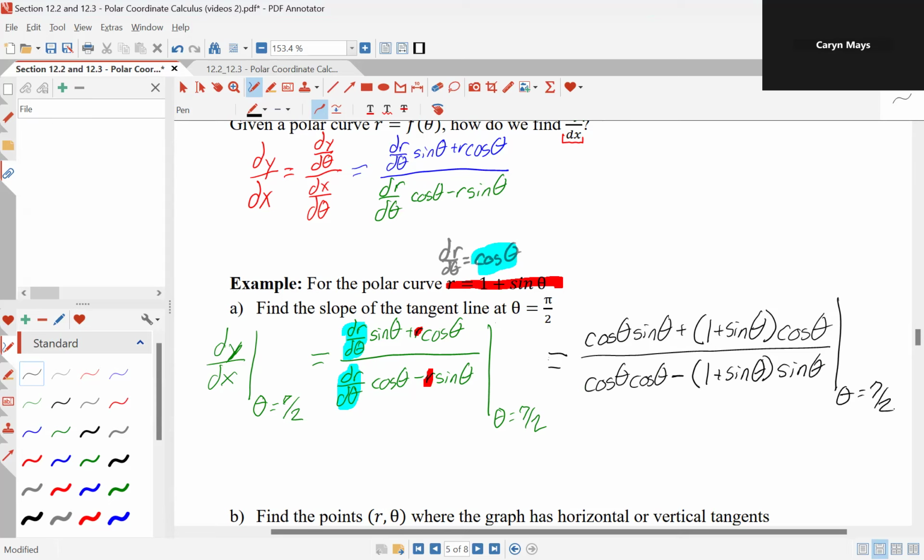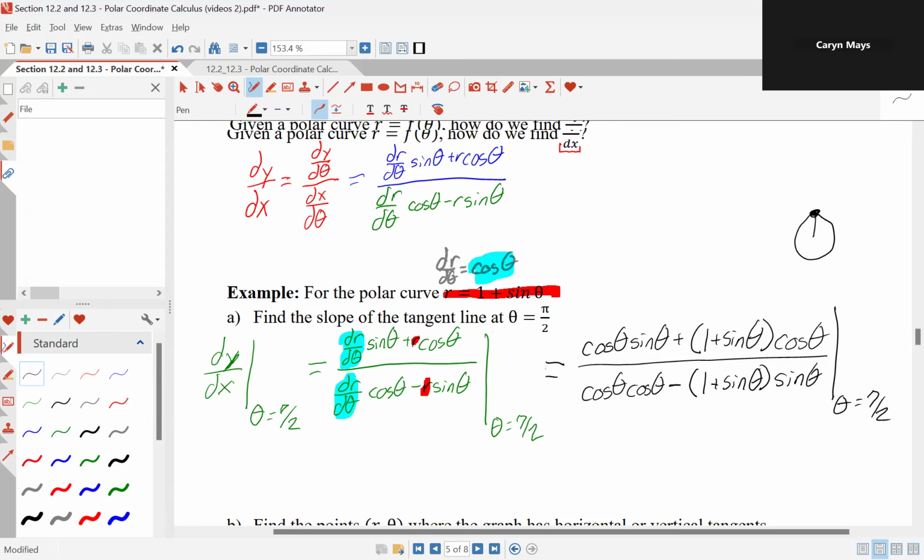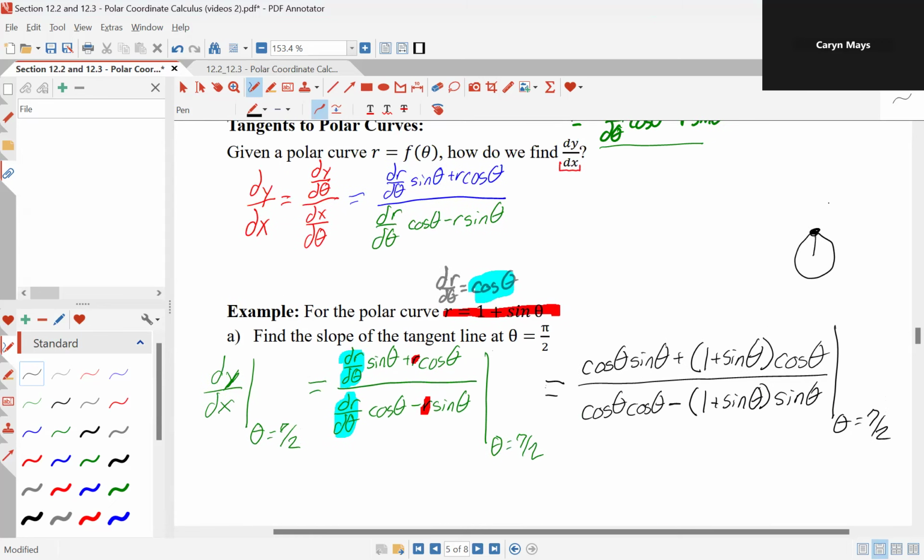Quick reminder, at theta equals pi over 2, all of our cosines of pi over 2 will be 0, and all of our sines of pi over 2 will be 1. So anything with that cosine will become 0.